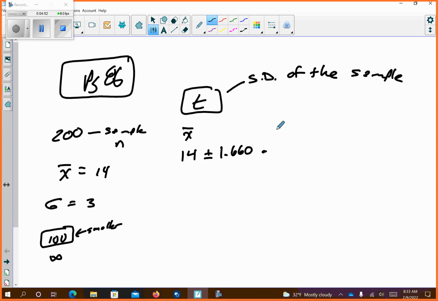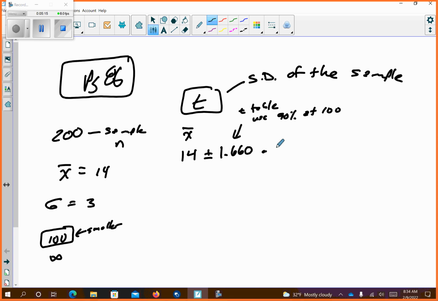Times the 3. So this is from the t-table, and we use the 90% and at the 100 mark. Okay? And it'd be great if you had a calculator because I don't have mine open yet. So you can help me with this. Let's see.